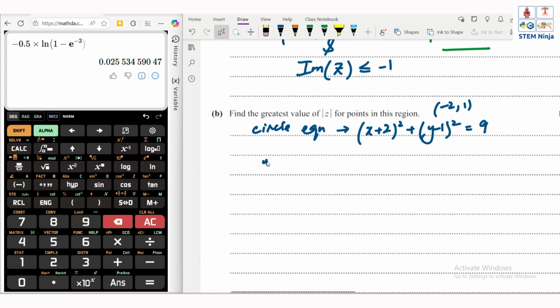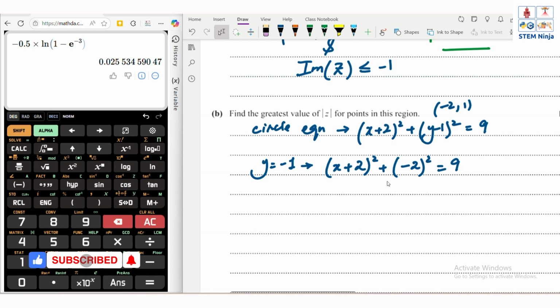When we plug in y equals -1, this becomes x plus 2 whole squared plus -2 whole squared equals 9. Okay, let's keep it as it is. x plus 2 whole squared equals 9 minus 4, which is 5.